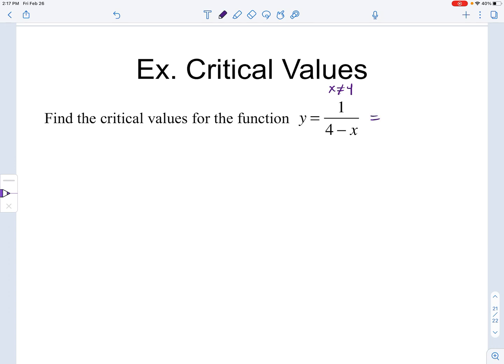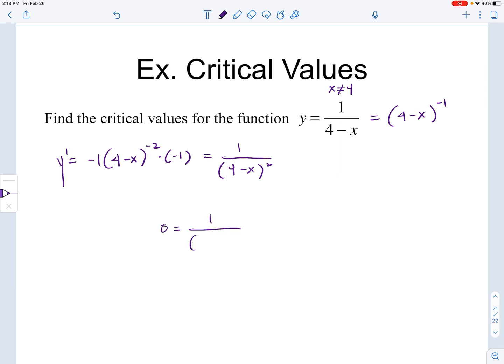Right? 4 is not in the domain. There's a vertical asymptote there. To find the derivative, I'm going to rewrite this as 4 minus x to the negative first, so I can just use chain rule. And so the derivative is 1 over 4 minus x squared.